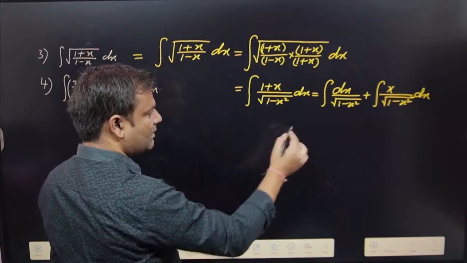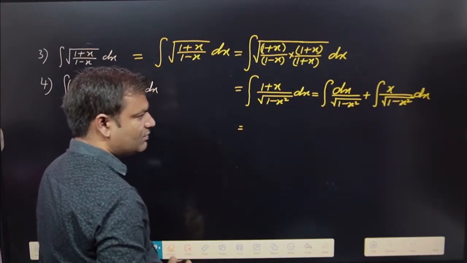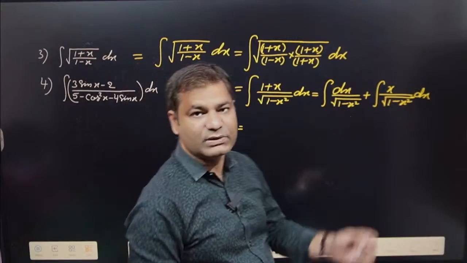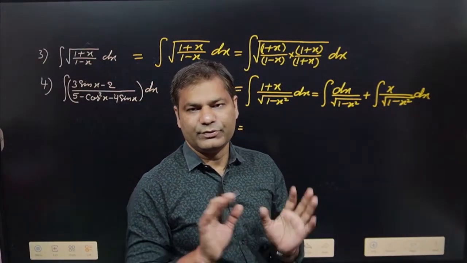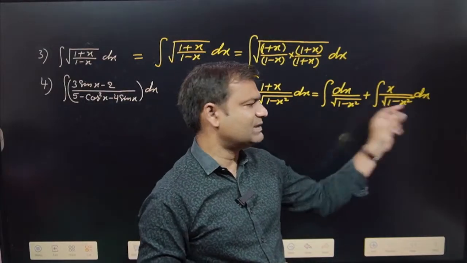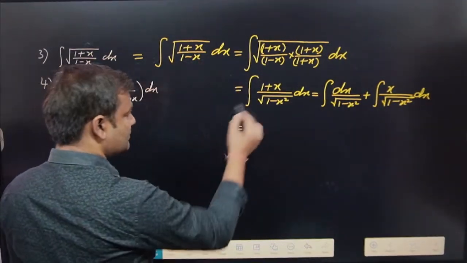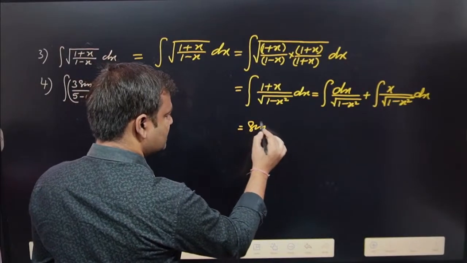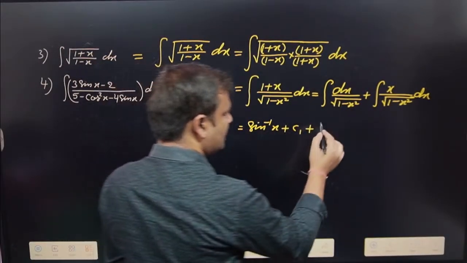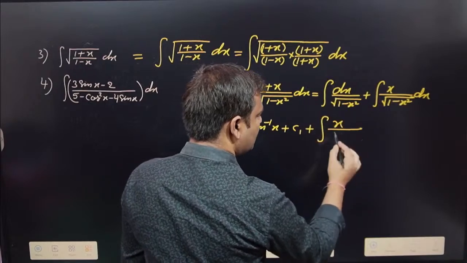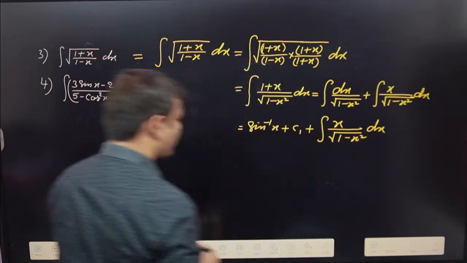Okay, what about that value? Simply look here, that is sin inverse x. If you face any problem, then simply take 1 minus x square as t square. So that one returns sin inverse x plus c1, and here x upon under root 1 minus x square dx is written.